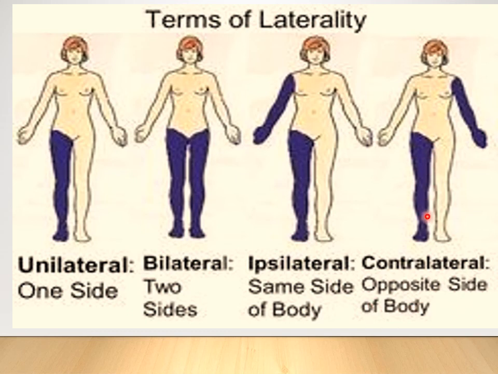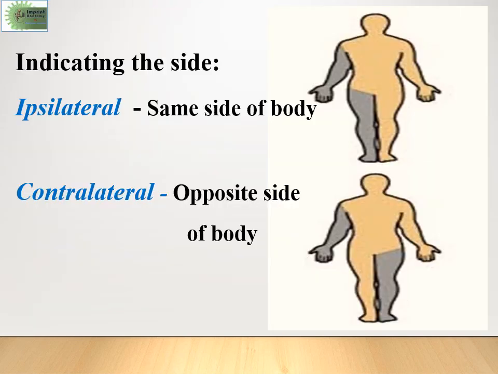You can see this is the right lower limb, this is the left upper limb. So the opposite sides are affected. That's why it is called contralateral. That means contrast. Ipsi means a similar side. You can correlate what we have seen in the previous slide. Same side, ipsilateral; opposite side, contralateral, right?